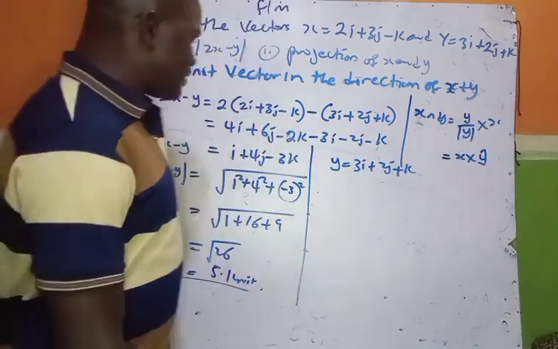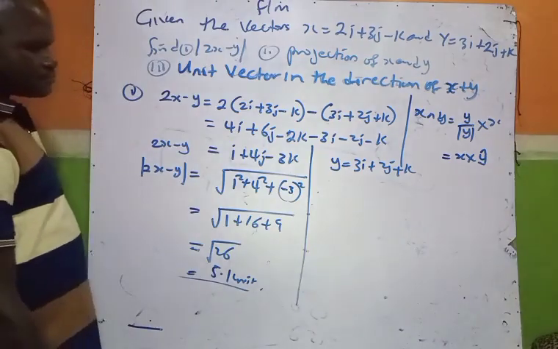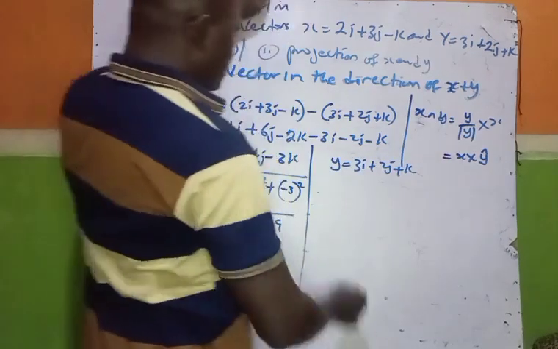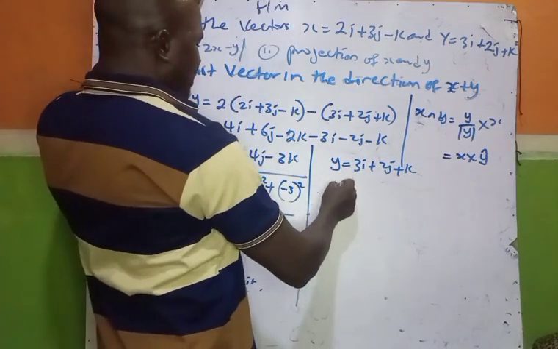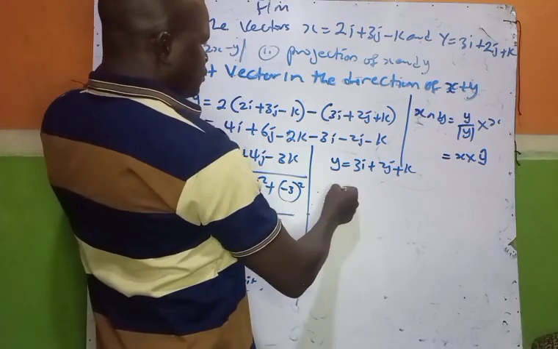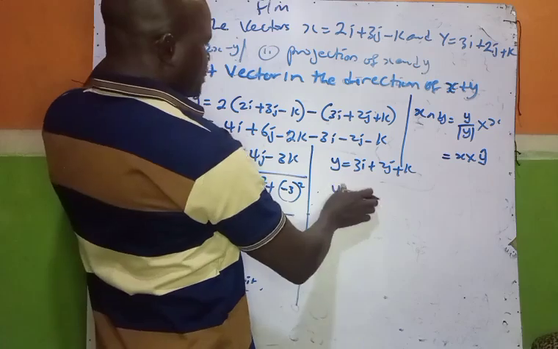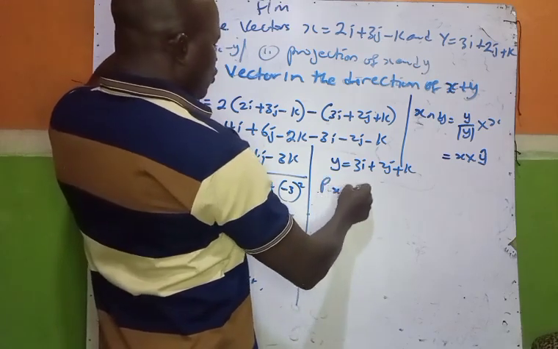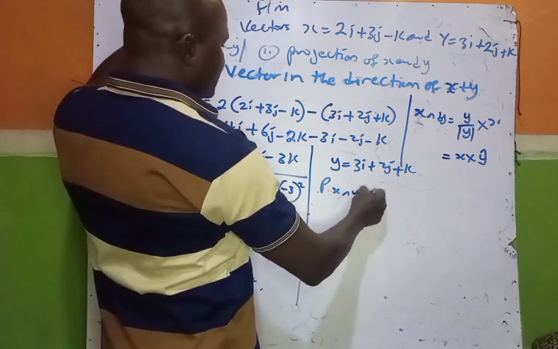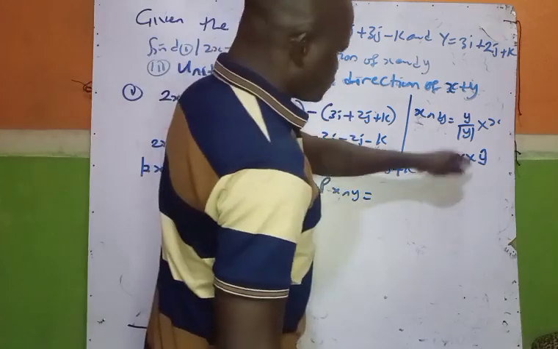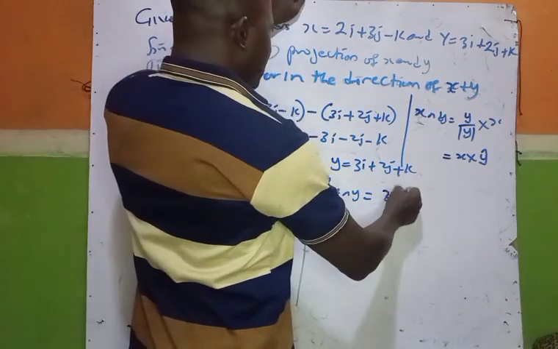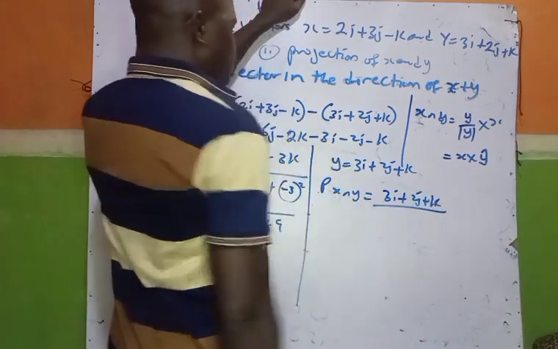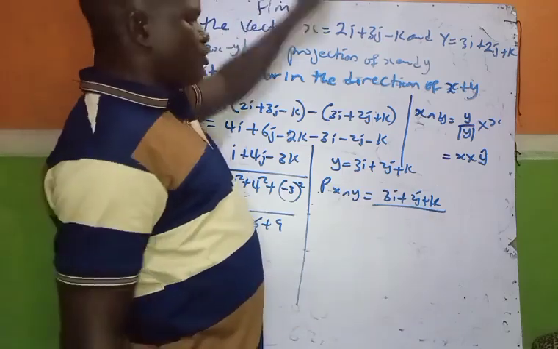So what is the unit vector here? The unit vector here is y over modulus of y. Here you have the projection of x on y. So what's the unit vector y? 3i plus 2j plus k over modulus of y.